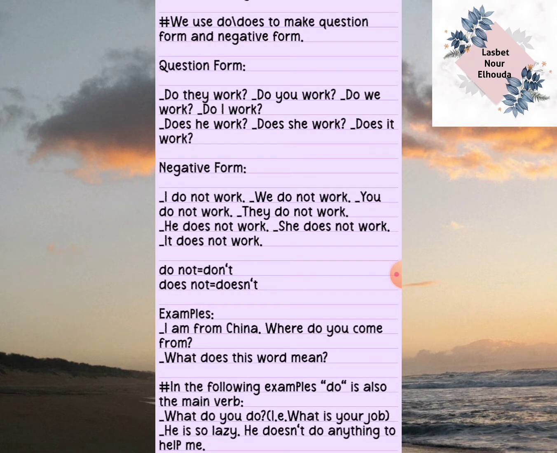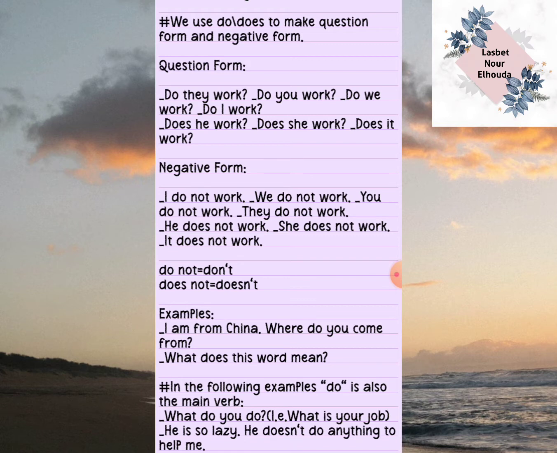Whereas in the negative form, I use examples to understand more. We say, I do not work. We do not work. You do not work. They do not work. Whereas with he, she, and it, we say, he does not work. She does not work.